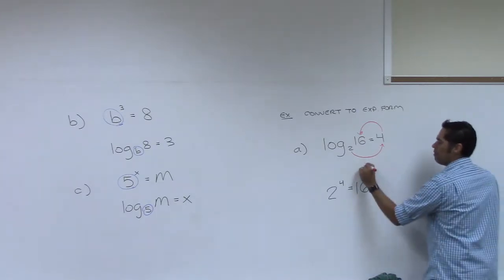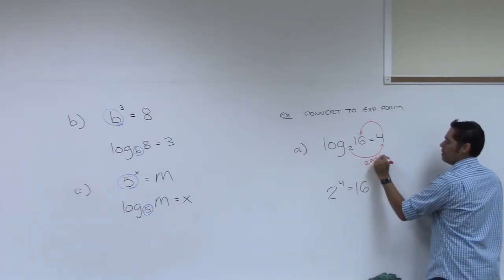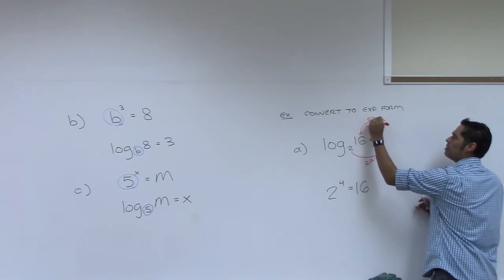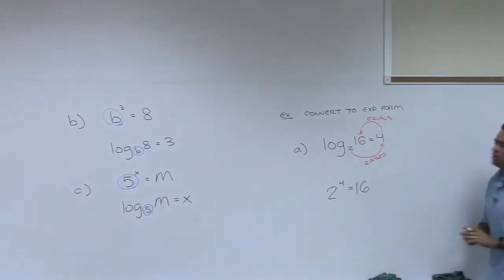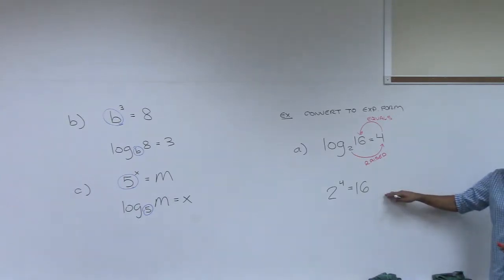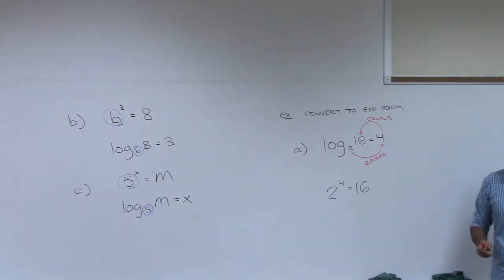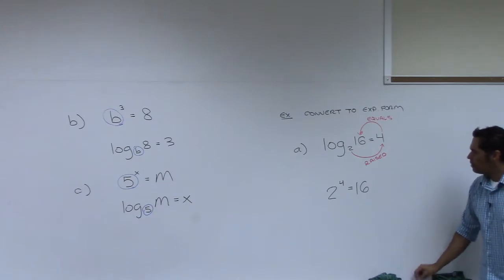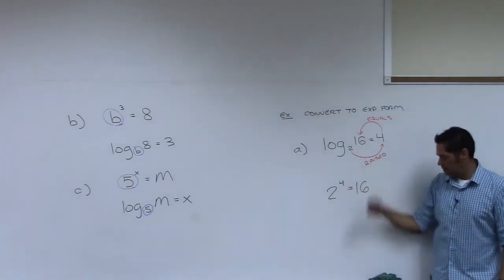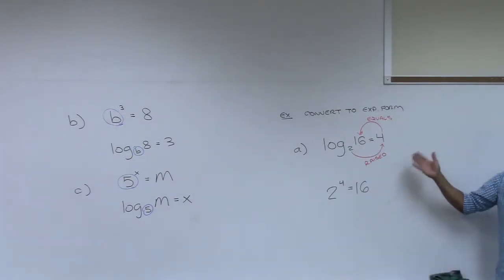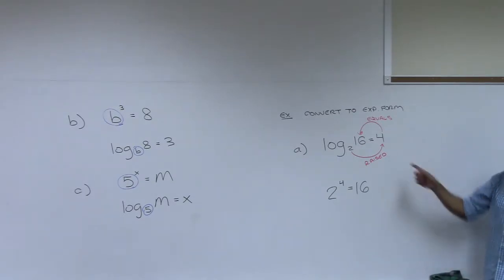So it's 2 raised to the 4 equals 16. It's just a quick, easy way to get from logarithmic form to exponential form without having to undo it in your head. Do y'all see it? Okay. I'll probably use that a lot when I'm doing logarithms. I'll just use this little loop idea.